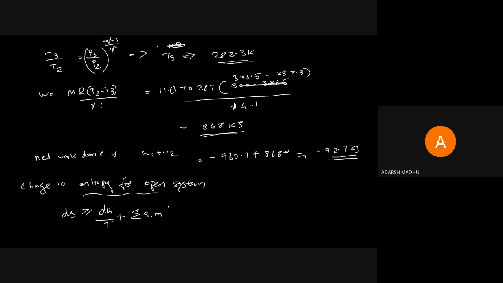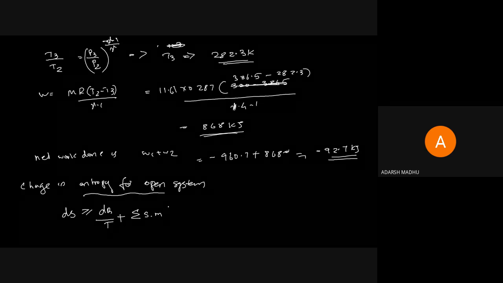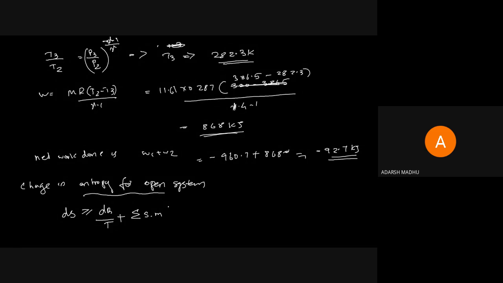For an open system, extra mass transfer also happens, so you add a quantity of mass to the change in entropy to find the total value. The total entropy change will be dq by T plus the product of specific entropy and mass, s into m.